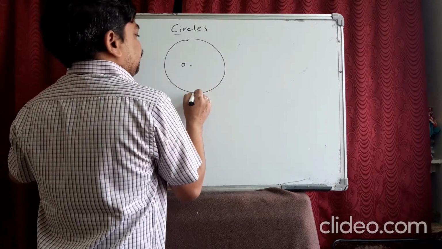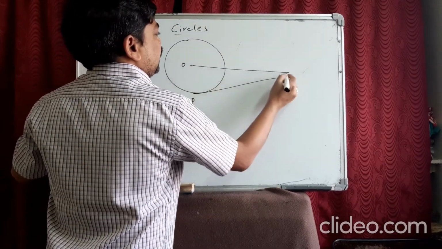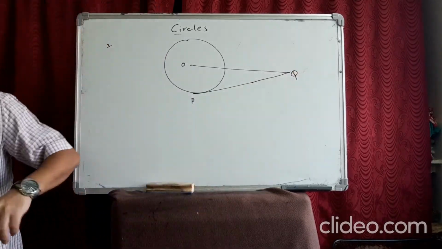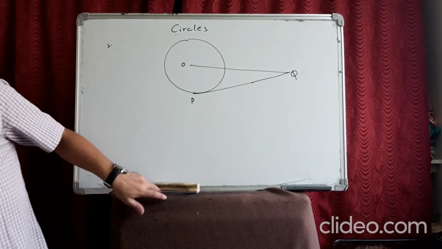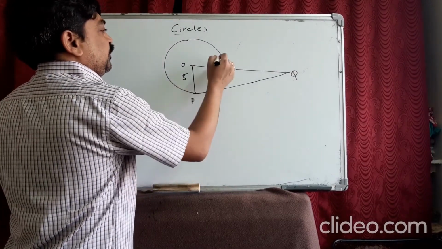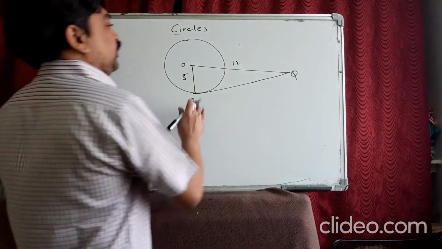So this is P and this is Q. You are given OQ is 12 and the radius is 5. And what did they say? Find PQ.